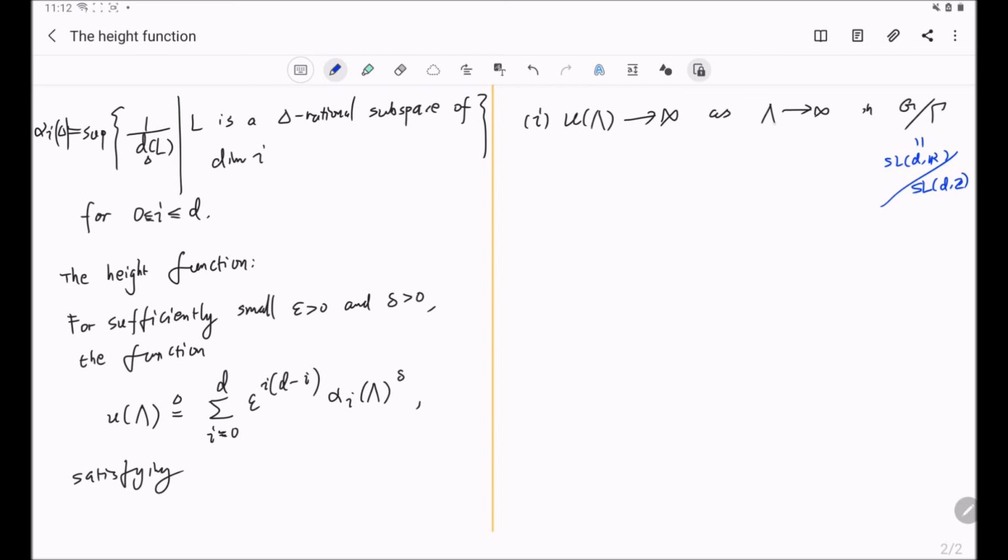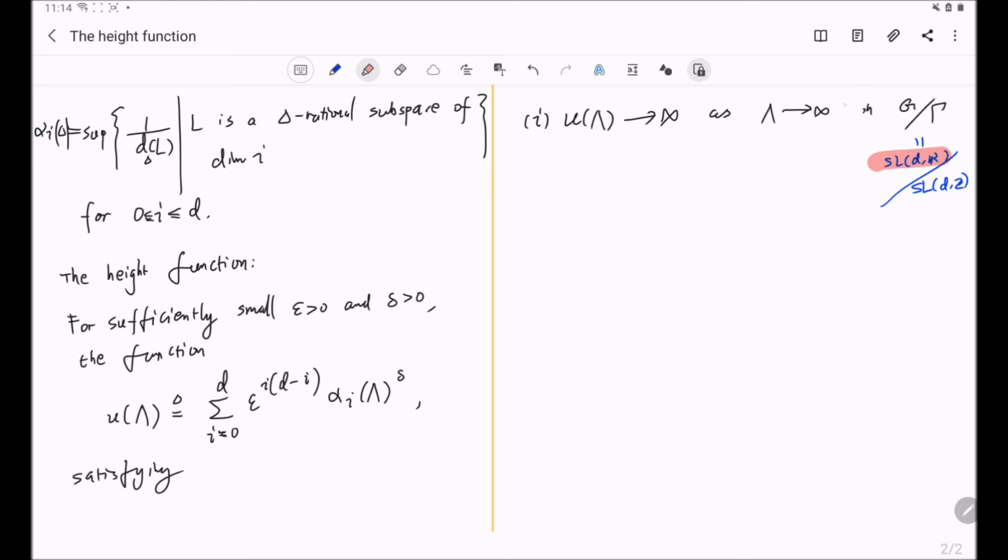So what do I mean when I say lambda goes to infinity? Well, there are two ways to explain this. First of all, you can put a metric here and pass this metric to this quotient. And lambda goes to infinity simply means the distance between lambda and the neutral point goes to infinity. Remember, this is a non-compact space.